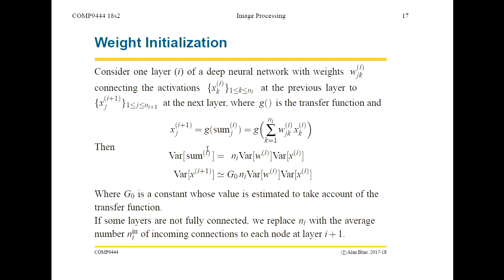Now it's helpful in this instance to think of the transfer function as being ReLU. So remember that the ReLU is 0 for numbers less than 0 and then becomes equal to identity for numbers bigger than 0. So for ReLU, we can treat this as 1/2. We've got a distribution and we're chopping off the left half of it.